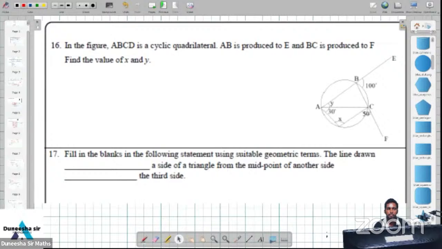In the figure, ABCD is a cyclic quadrilateral. AB is produced to E and BC is produced to F. Find the value of x and y.